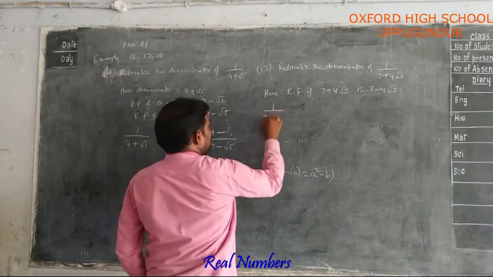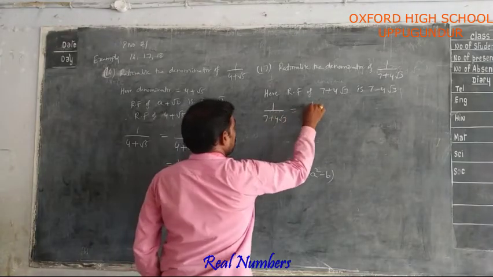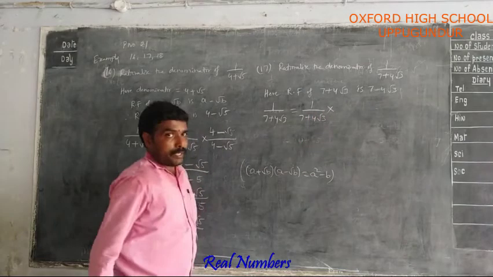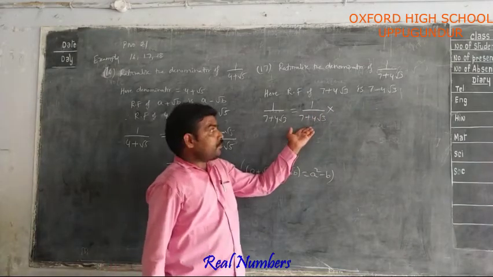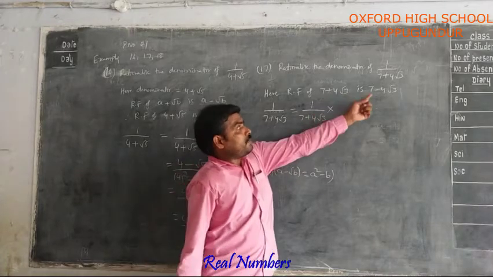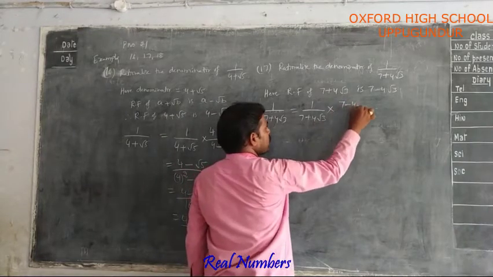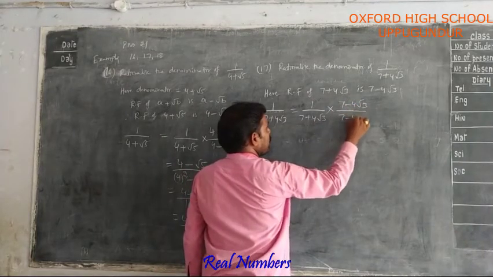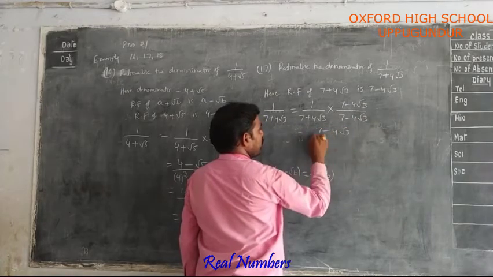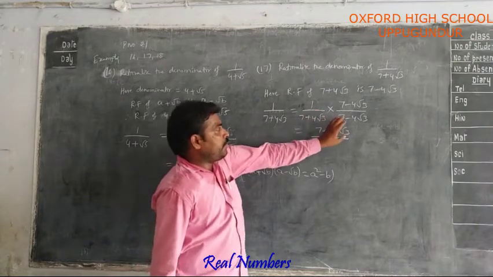So 1 by 7 plus 4 root 3 is equal to 1 by 7 plus 4 root 3. We are multiplying and dividing with the rationalizing factor. For 7 plus 4 root 3, the rationalizing factor is 7 minus 4 root 3. So multiplying and dividing with 7 minus 4 root 3, the numerator becomes 7 minus 4 root 3, and the denominator is in the form of a plus b into a minus b.